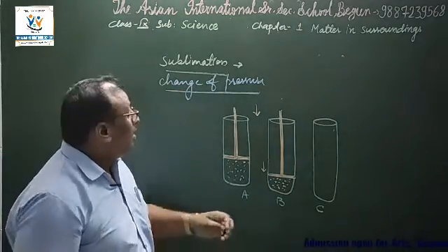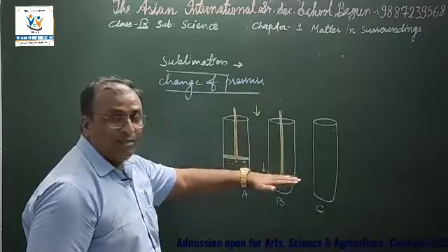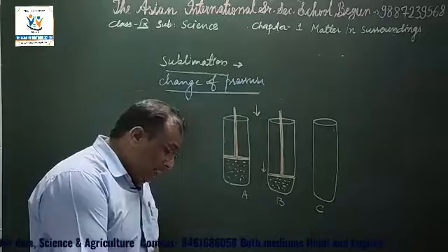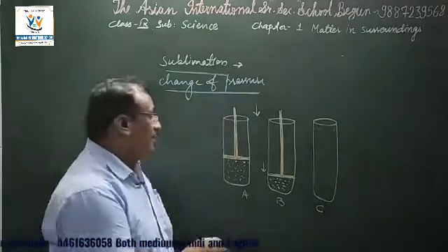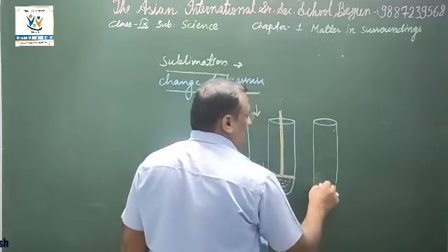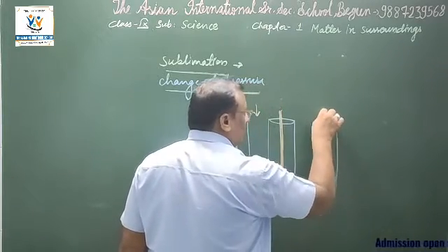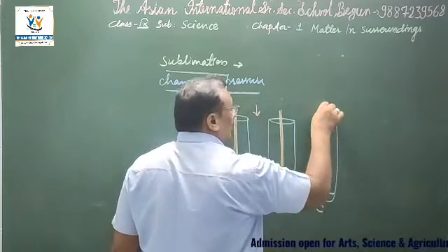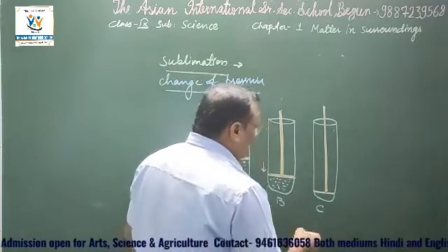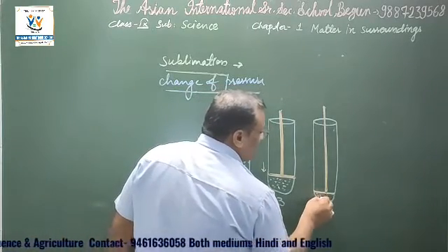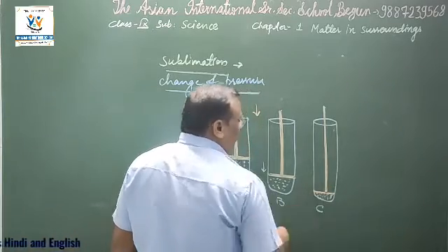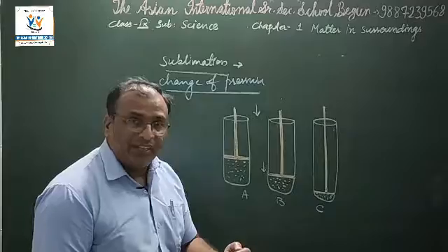This means pressure is applied on the gaseous molecules, and the gaseous molecules are changing into another state. At last, when we apply a lot of pressure, in part C you will observe that all the particles are condensed into a very small volume. So we can say the particles are very near to one another.